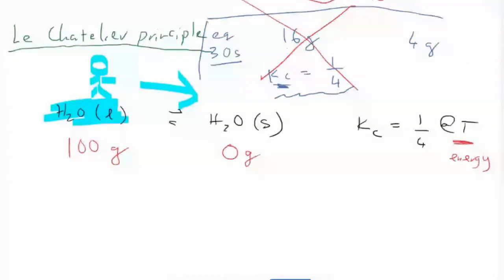Equilibrium will continue to shift right until you get to 20 grams of ice and 80 grams of water. So this is 0 seconds.